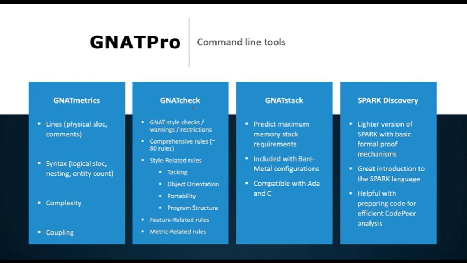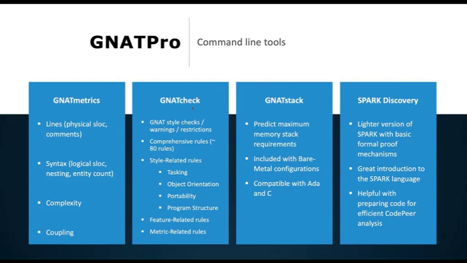Or you want to know entity coupling so that you can start to judge how hard it would be to refactor some code. This is a tool you can use called GNATmetric, and that will compute all of these statistics for you and give you some output. So now you have some statistical information about your code that you can use to judge, say, how much work it would be to do various tasks.